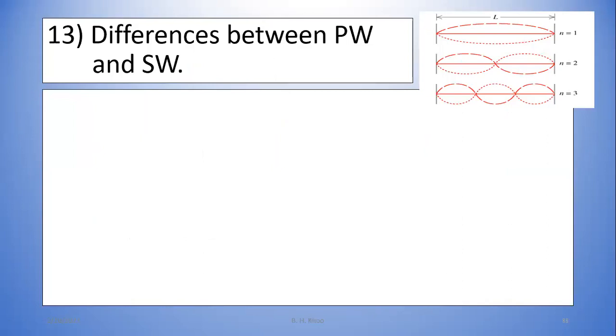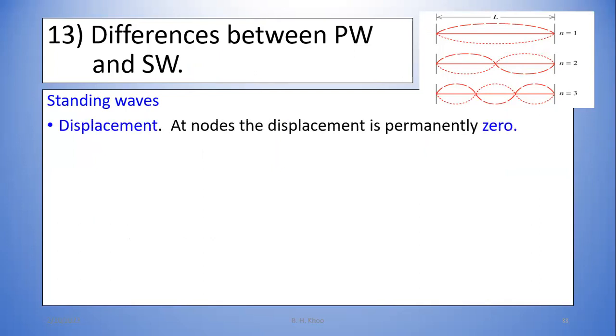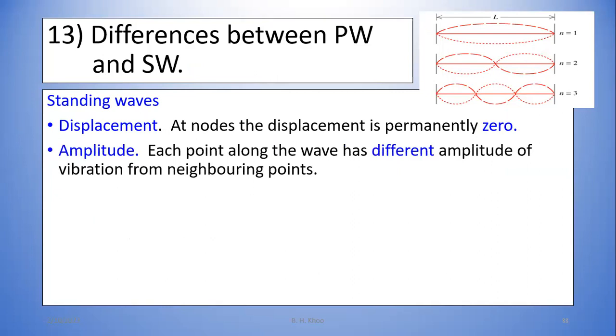Right? Difference between progressive and standing wave. Displacement at the nodes is permanently 0 for standing wave. Amplitude, each point along the wave has different amplitude of vibration from neighboring points. Right? Any point along here, they have different amplitude.